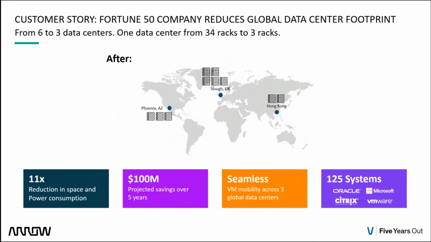In fact, Simplivity gave them an 11-to-1 data center footprint reduction, and due to our global virtualization, they were able to cut back to 1 data center per hemisphere. And we're on course to saving them slightly more than that $100 million of IT spend over the first 5 years.